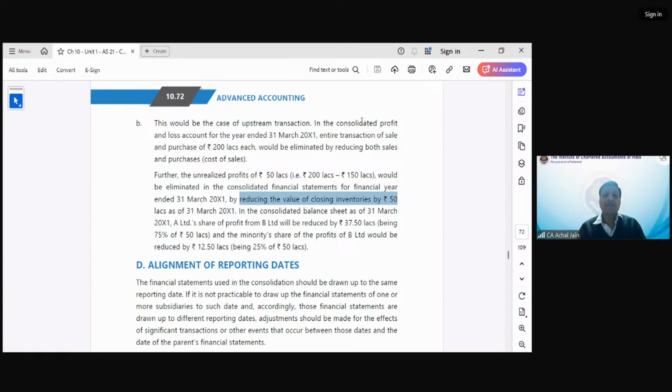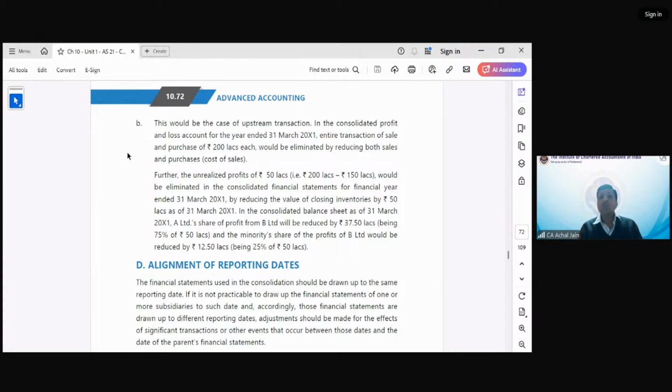Two parties, holding as well as minority. So this profit would have been recognized by subsidiary, correct? But when the subsidiary recognized this profit, it would have been shared by two parties, majority shareholders and minority shareholders. Yes or no?